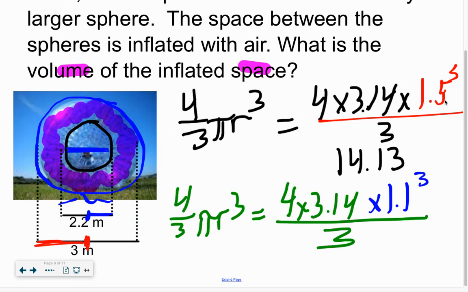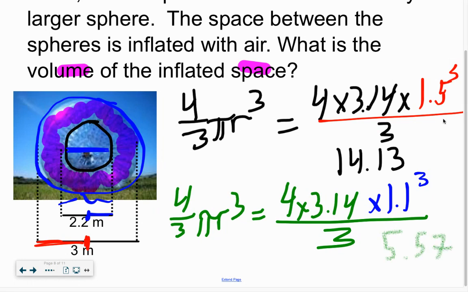So again, take that numerator, type that all into your calculator in one fell swoop. If you don't have a calculator that does these powers, then please make sure that you type in 1.1 times 1.1 times 1.1, then times 3.14, then times the 4, hit equals, so that it takes care of PEMDAS correctly, divided by 3. That one does not come out quite as nice, so we'll round that to the nearest hundredth for this example.